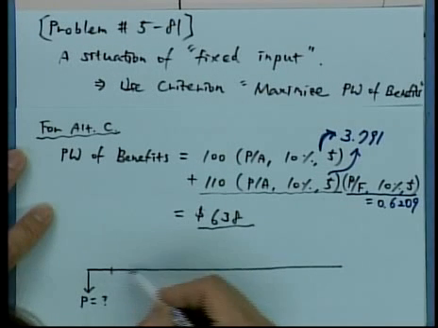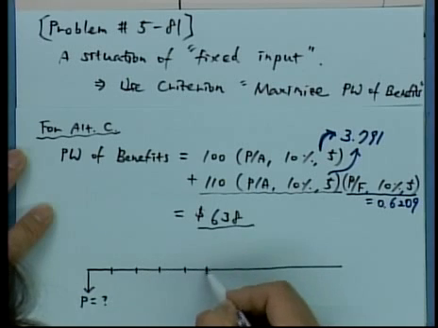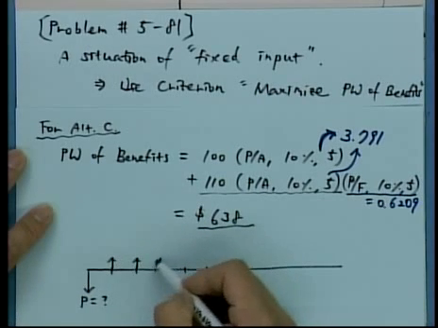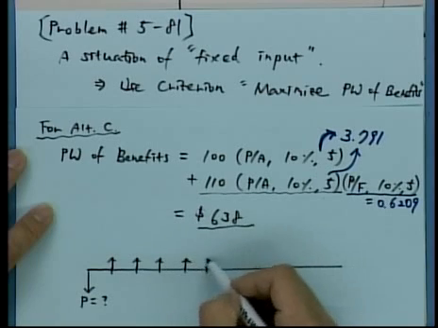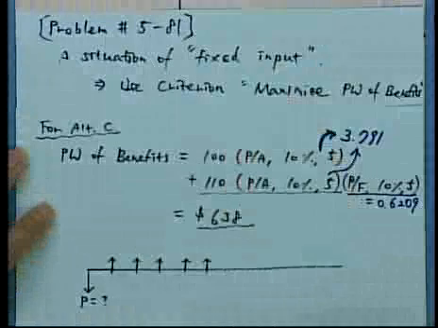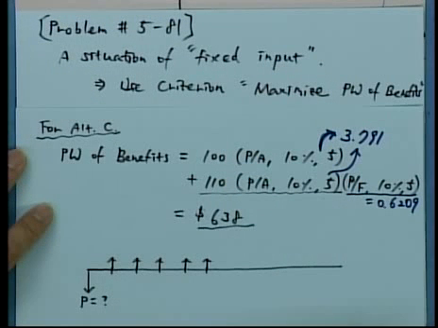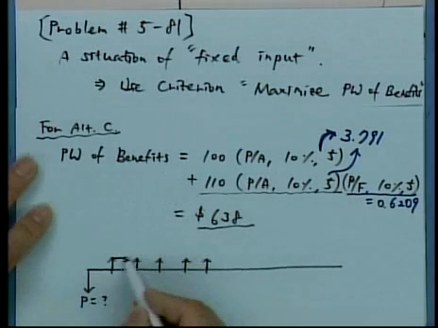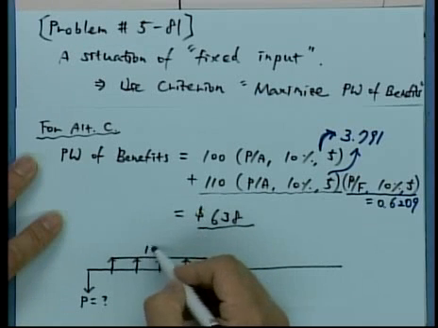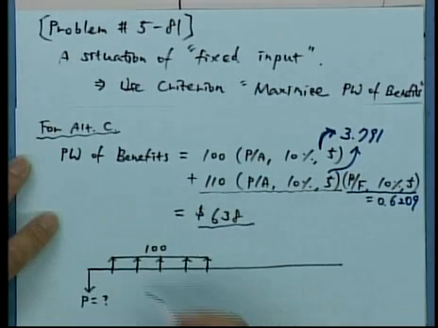For the first 5 years, the uniform annual benefit is $100, right?